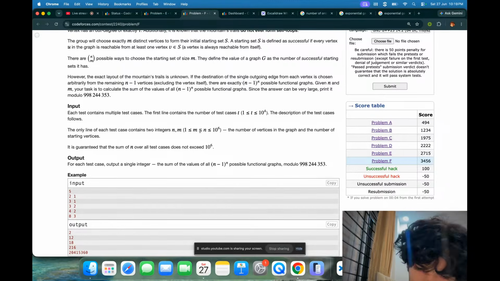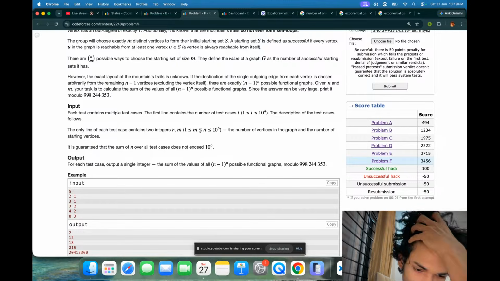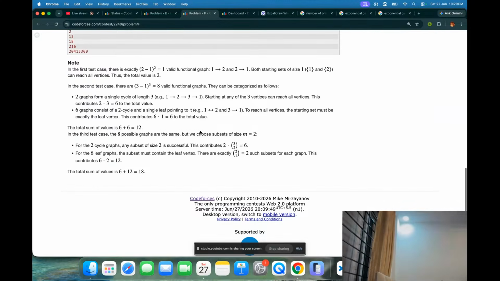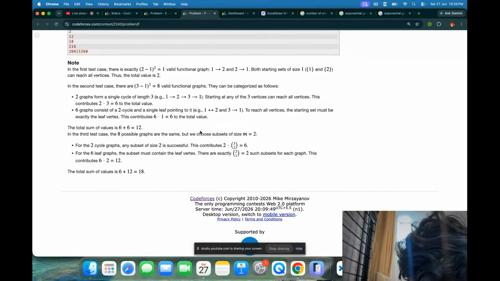You have N, you have N. Now the whole thing should be onto M plus N. Is it e power? Okay, if a normal formula.